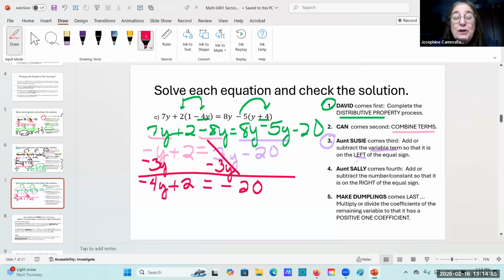Now, someone said, couldn't I add a positive y to the 3y? Yes, I could, but that is going to do the opposite. It would bring the variables to the right, but then I have to ensure I bring the numbers to the left. I like to be consistent.